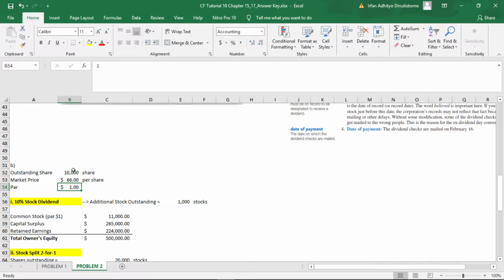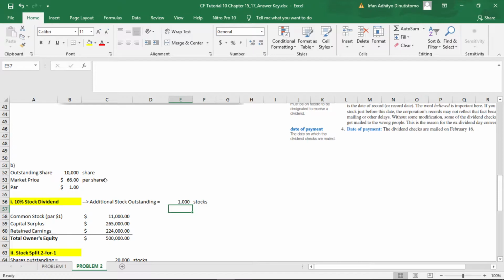So in the first case, the company gives a 10% stock dividend, so it makes additional stock outstanding of 1,000, coming from 10% times 10,000 shares.